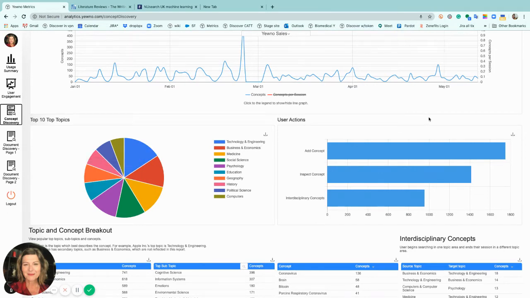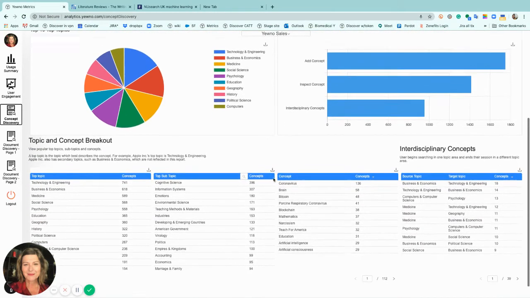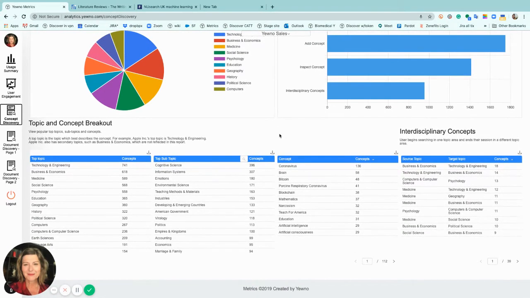Then over here we have user actions. So how many had a knowledge graph open and added a concept? That was 1,748 users. And how many actually then opened and inspected that concept? And how often did a user switch from one topic area and move to another one? So these are kind of revealing metrics. And here we give you a good breakout on what was the topic, how many different concepts did they see there, what was the subtopic, and then what concepts were looked at most.